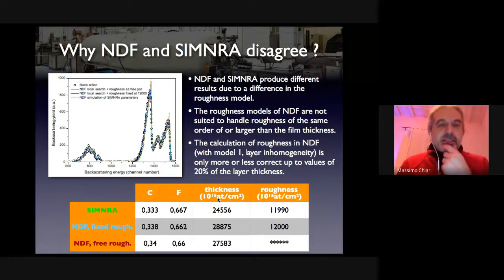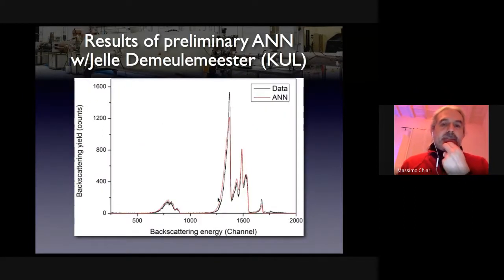Nevertheless, we were able to do some first training of the set, and then there are the results of the analysis, in collaboration with this colleague from the Catholic University in Leuven in Belgium, Jelle de Mulmeister, who is not working in IBA analysis anymore. And you see that it is not so bad, okay.